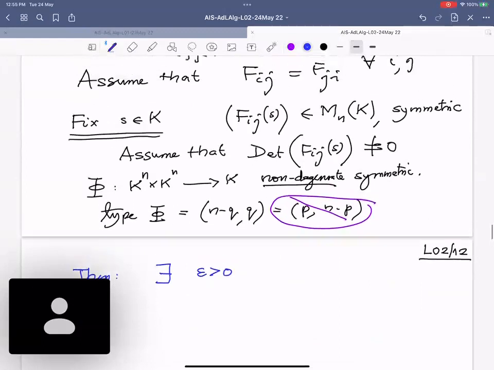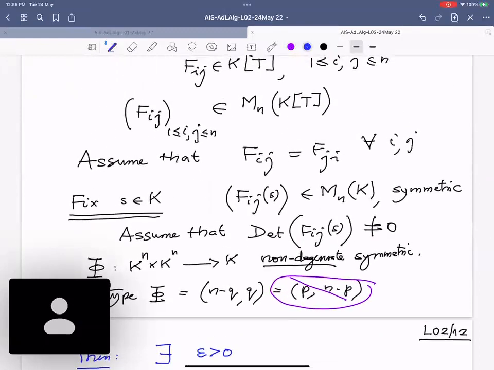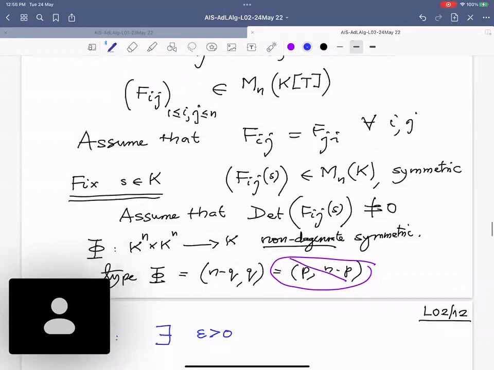Let me also tell you, it doesn't matter whether you take K to be real numbers, complex numbers, or more generally a real closed field, all of them have topology. Real numbers, complex numbers, of course, you know the usual topology. A real closed field also will have a topology because it has an order, and that order topology. But if you don't want to think about it, don't think about it. You consider only the real and complex case.